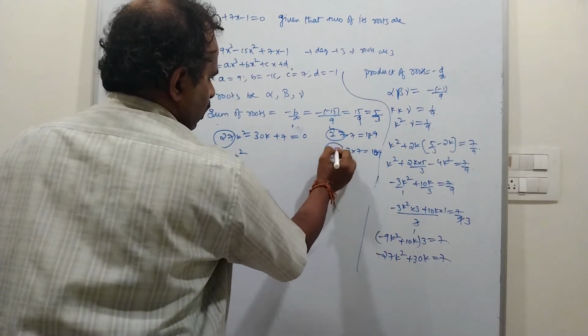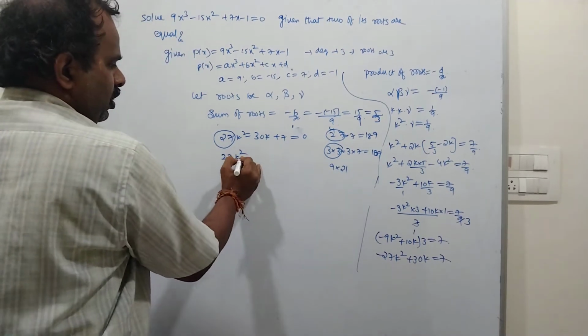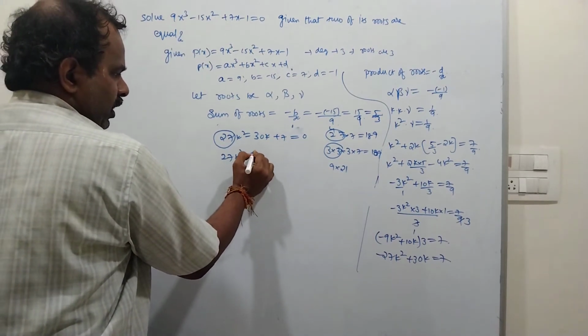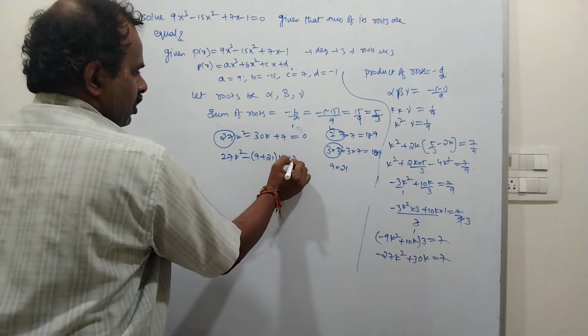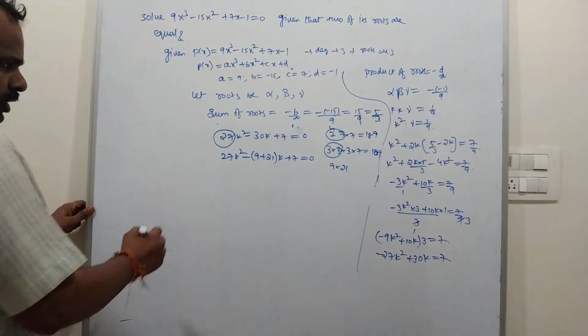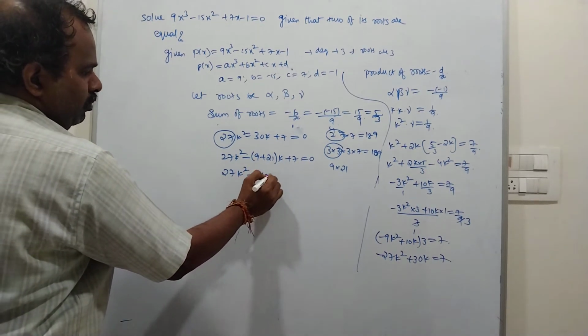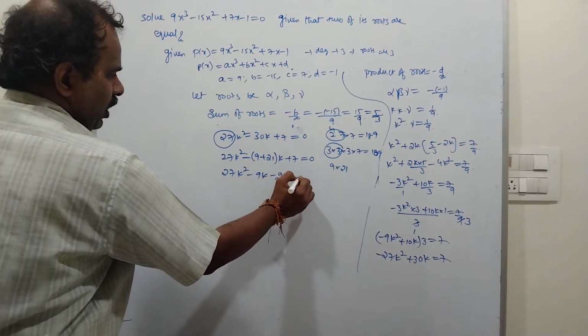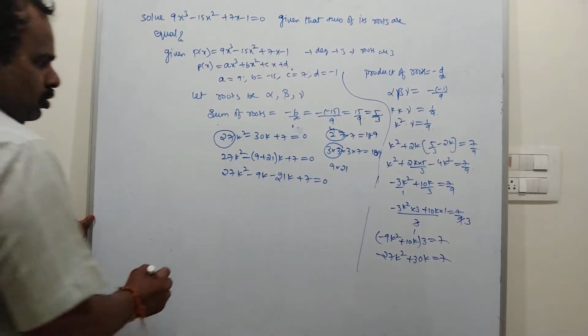So 9 × 21 = 189, and 21 + 9 = 30. So 27k² − (9 + 21)k + 7 = 0, that is, 27k² − 9k − 21k + 7 = 0.